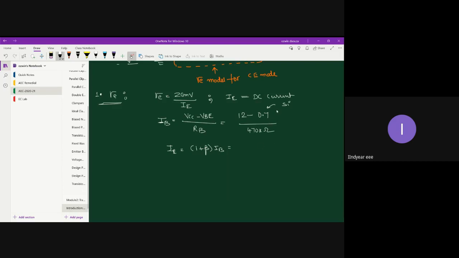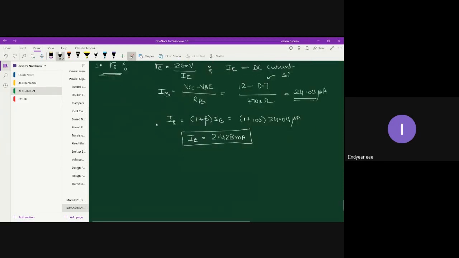So what do you get IB as? Do you get closer to 24 microamperes? Did anyone get it? Nirja, are you getting it? Yes, sir. Okay, fine. So IB is 24 microamperes, and IE is 1 plus 100 times 24.04 microamperes, which is about 2.4 milli, so 2.428 milliamperes.